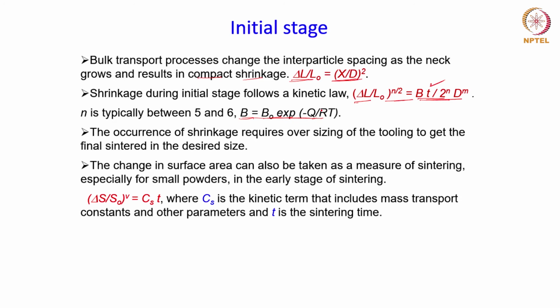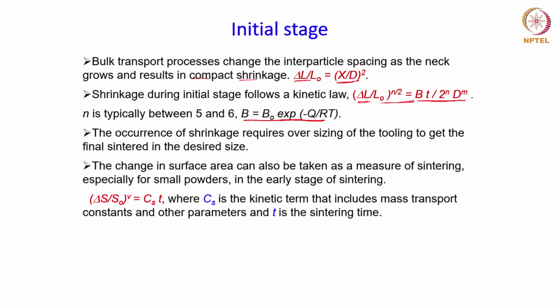Okay, so you can see that as the temperature increases, b also increases exponentially, and this again tells you that the densification rate will increase as the temperature is increased. Okay, in terms of the diffusion coefficient and other relevant parameters, the actual form of this kinetic equation can be given by this particular expression.